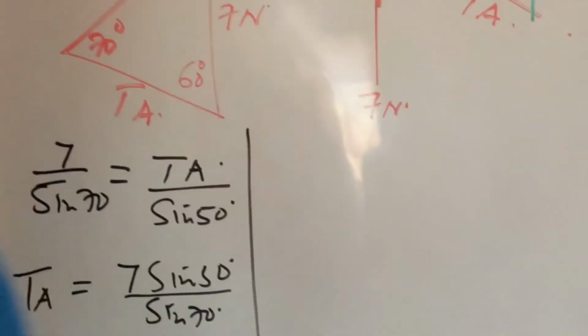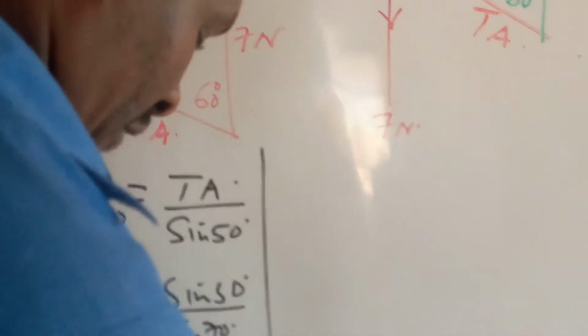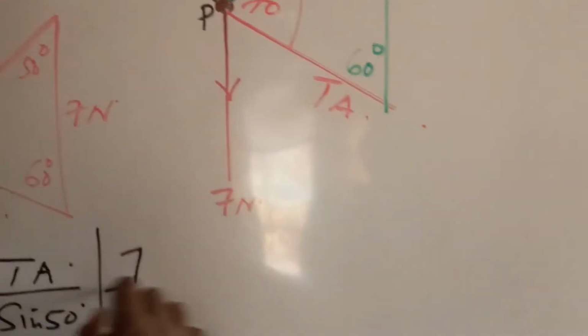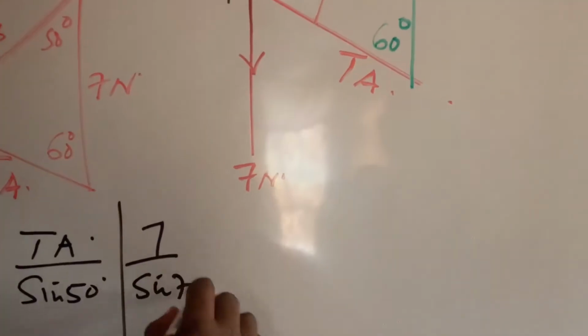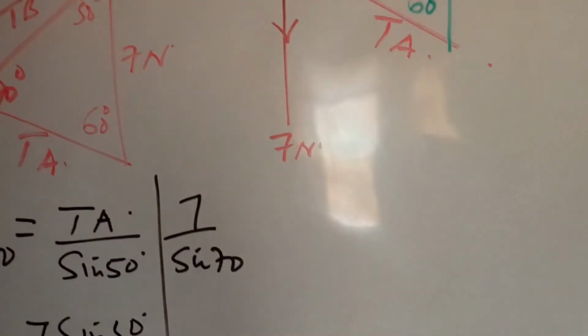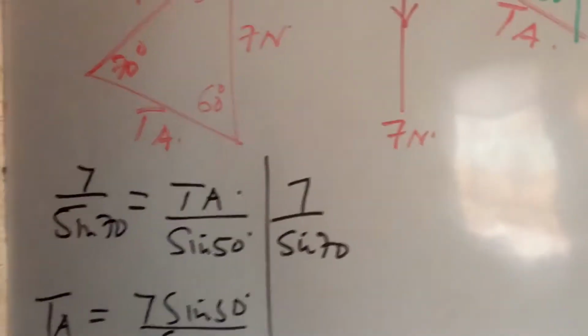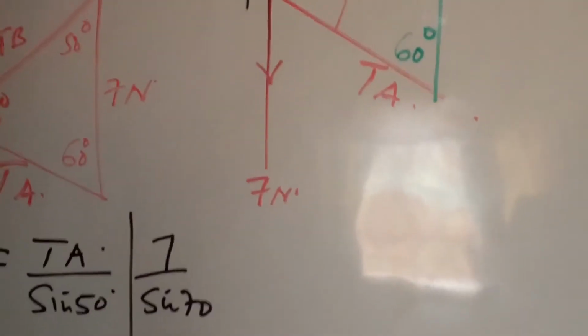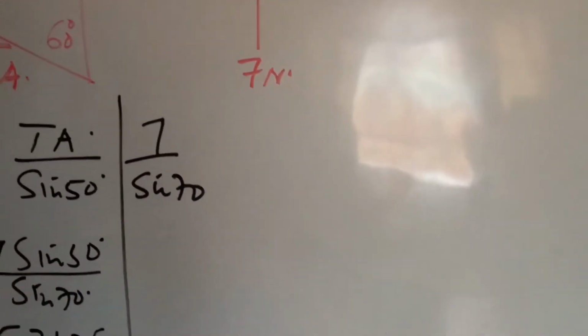In the same approach, we can get the tension of B, and we can talk of 7 over the sine of 70. Please note that we could still use the tension of A, but because we have calculated it ourselves, it is not advisable to use what you have calculated yourself. You might be wrong, and therefore you're going to transfer some mistakes to the next level of the question.